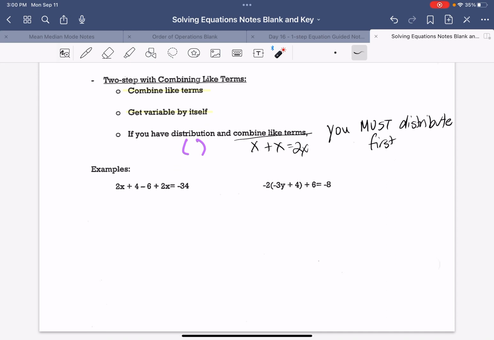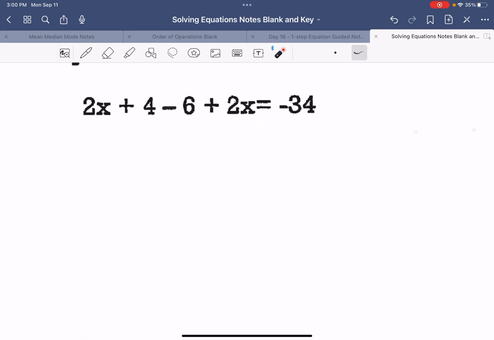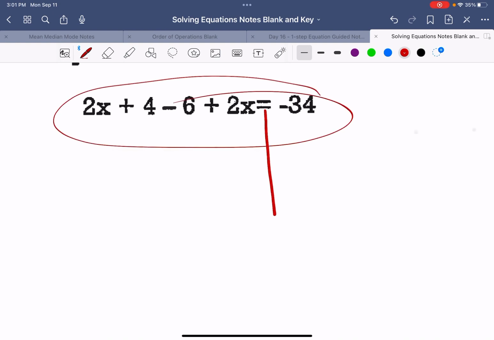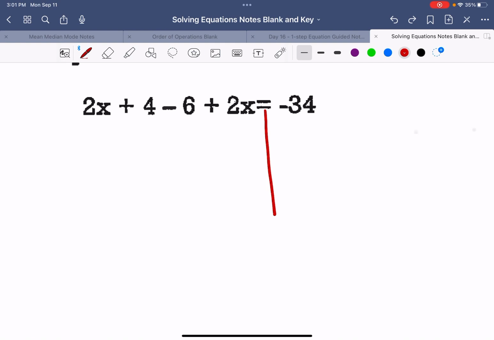So let's just look at an example of only combining like terms first, okay? The very first thing I'm going to do is look for my like terms on one side of the equation. I cannot mix all those up together. I have to do one side of the equation by itself first. So I'm looking at this and I see a 2x and I see its partner, another 2x.